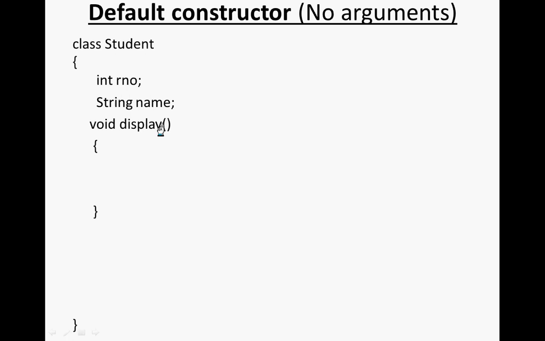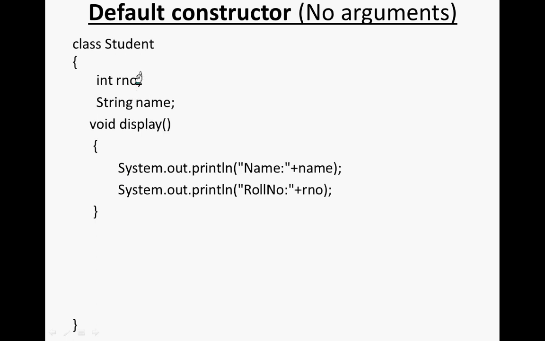This method is not going to return any value, which is indicated by what? Yes, by this keyword void. Inside this display, we are going to simply print the values of RNO and name by using the system.out.println methods, right?